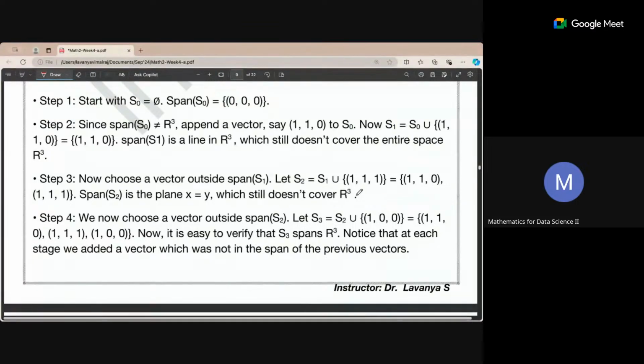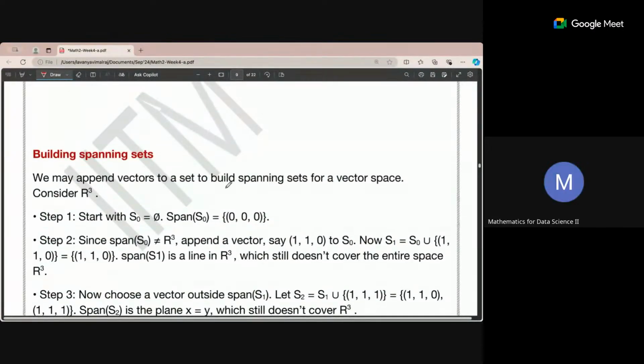Because I have already told you for R3 how many vectors you need to span the entire space. At least three linearly independent vectors. So for R3, we need three linearly independent vectors to span R3.